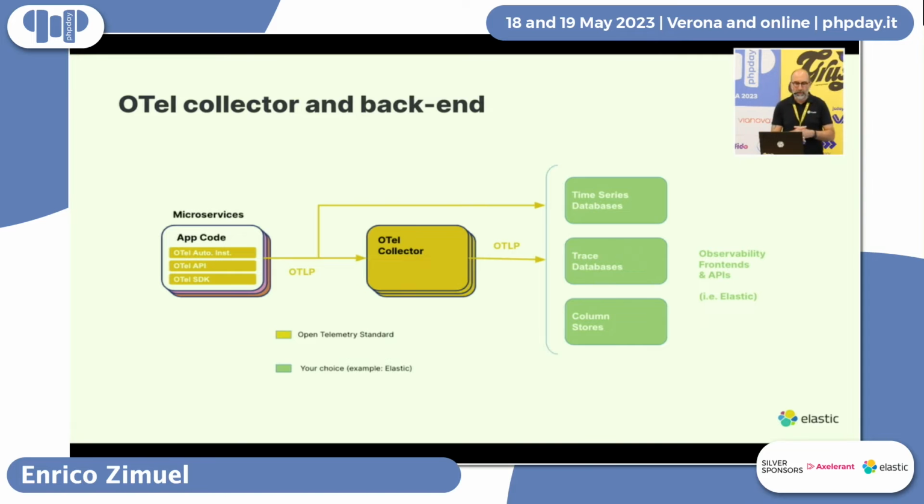And of course, as I mentioned, you can have different backends. So if we see this diagram from left to right, on the left we have our application code that can be microservices, can be monolithic, whatever. You can have different options to emit signals from the application. You can have auto-instrumentation, and I will show you what that means.